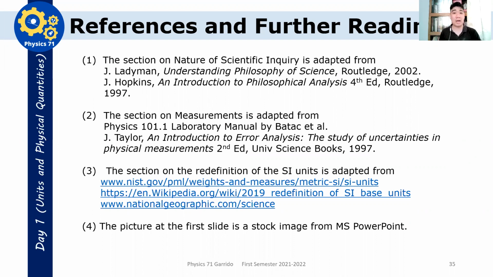Also, Taylor has a good book on measurements and error analysis, but I won't discuss error analysis anymore here. Wala tayong oras. And then the redefinition of SI units, there are a lot of articles there. National Geographic has a good article on that. NIST also has a good introduction on that. And of course, yung picture sa first page, PowerPoint lang yan. Okay. Stock image sa PowerPoint yan.